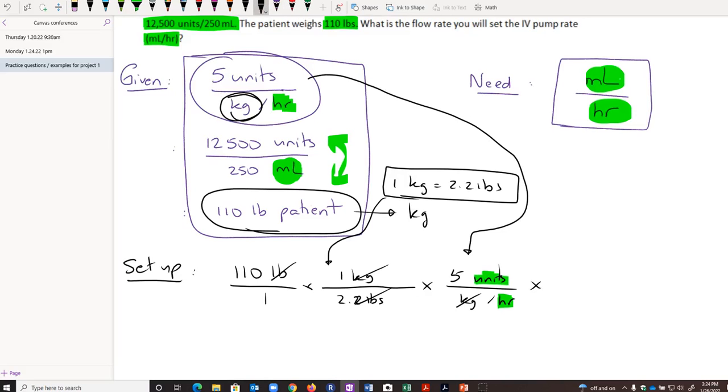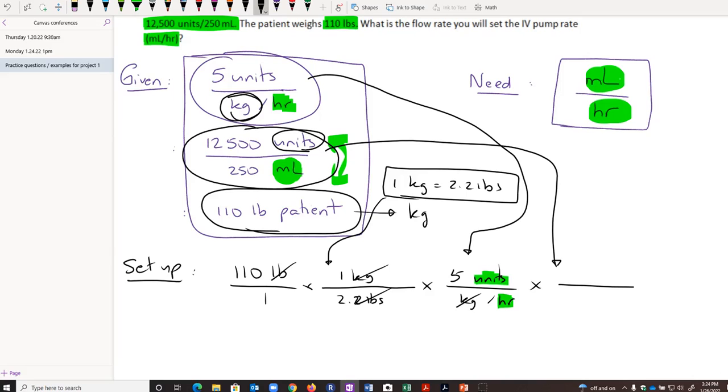So let's see. The other relationship that we're going to have to use that has units in it is the 12,500 units per 250 mil. If we take that one and put it in here, if we want to cancel out the word units, we're going to have to take this relationship and flip it.